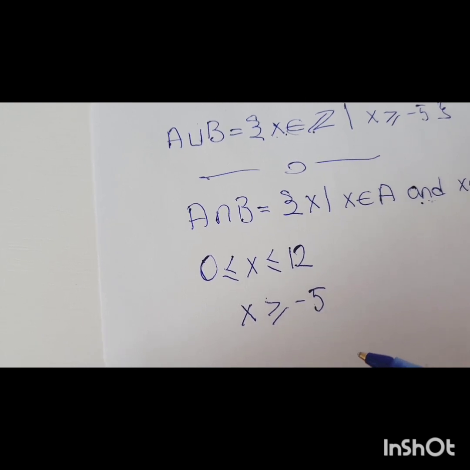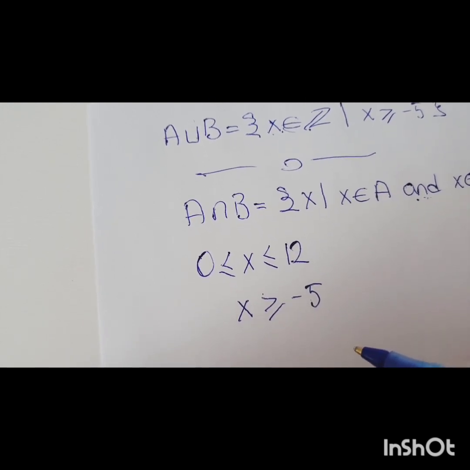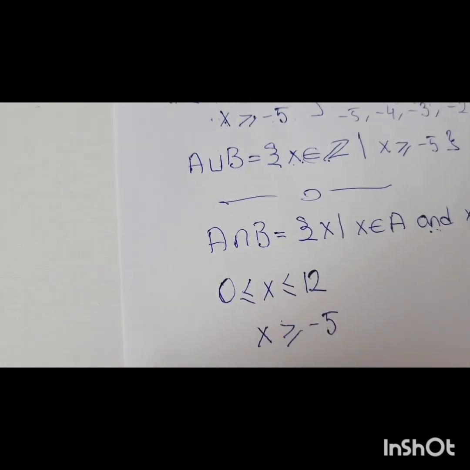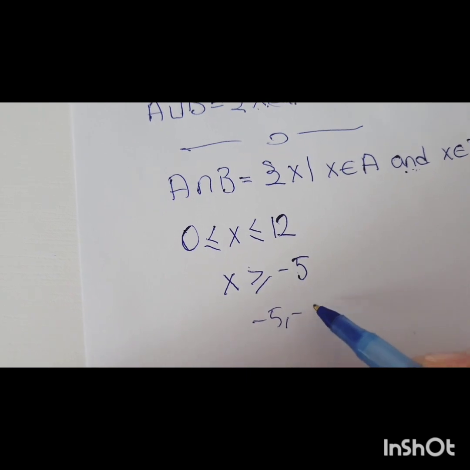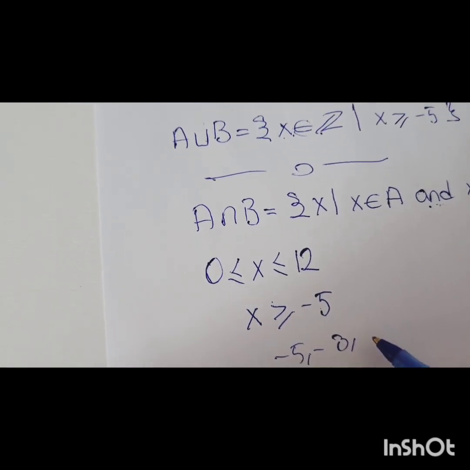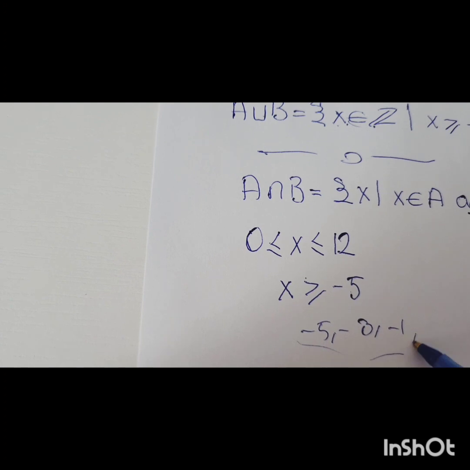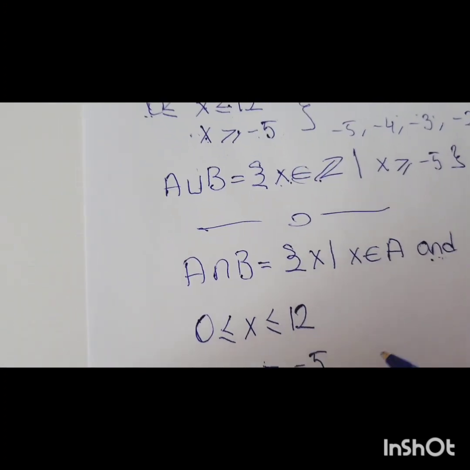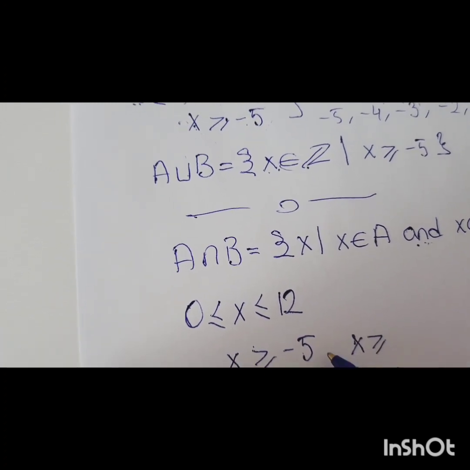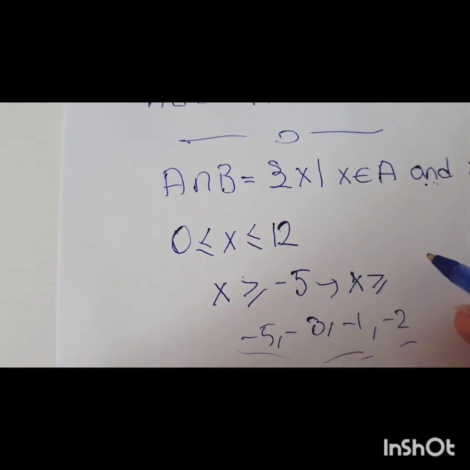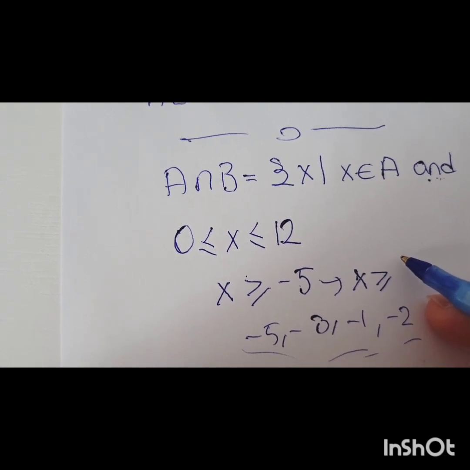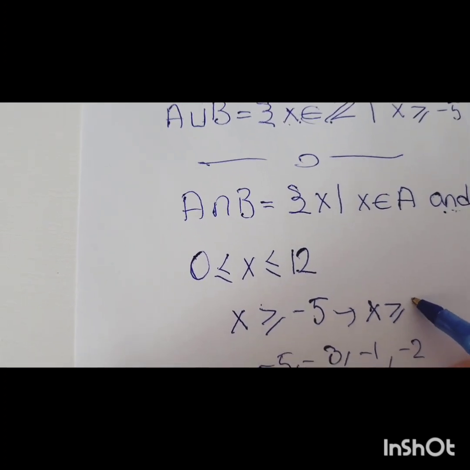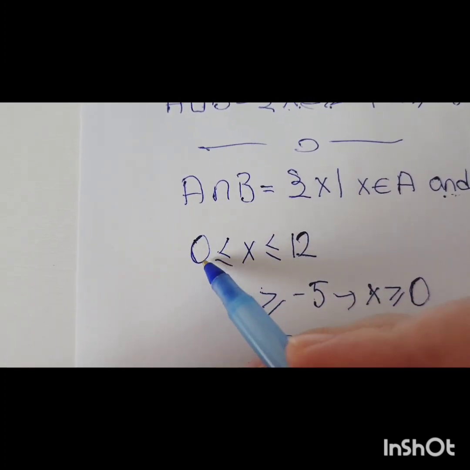But we are searching for the elements both in A and in B. So we cannot take the negative numbers, like -5, -3, -1, or -2. So here our condition changes into x must be equal or greater than 0.